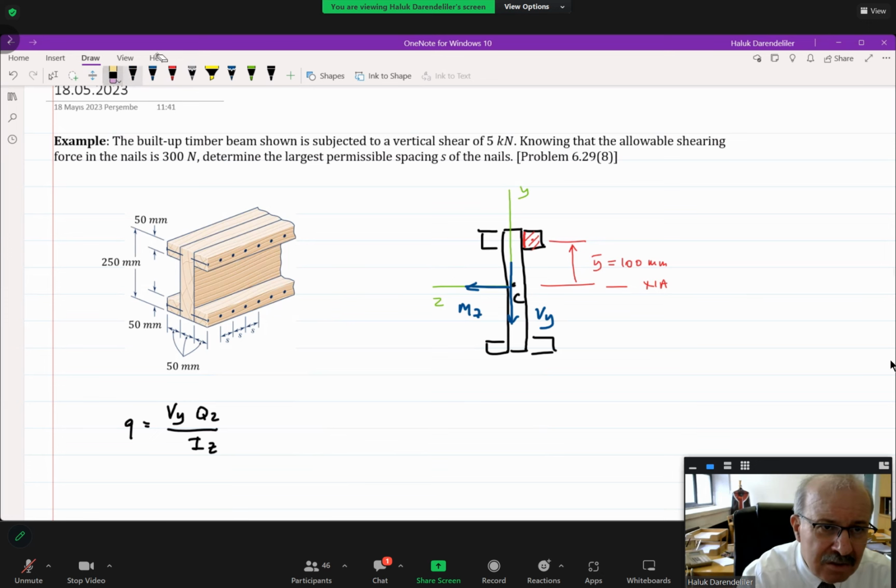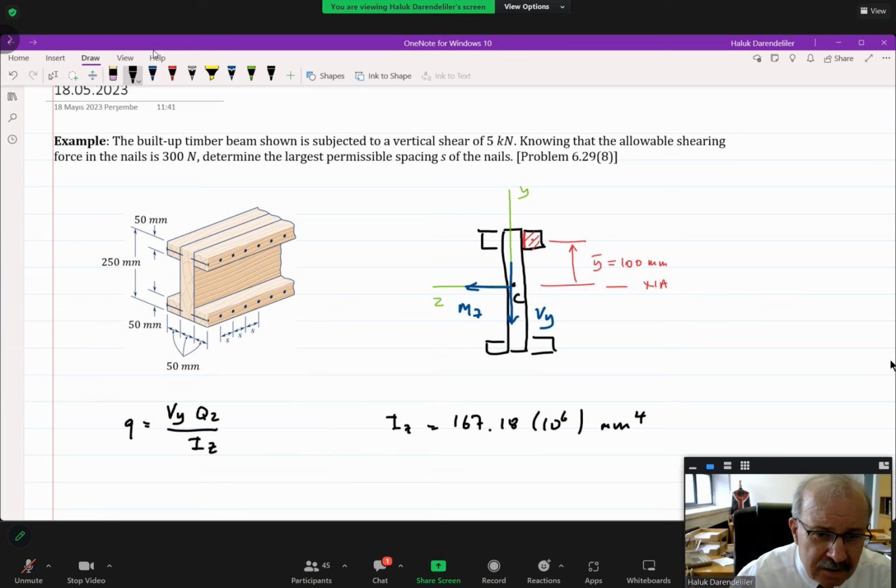I'm indicating the direction to make the problem clearer. Now, Iz can be calculated easily for the whole cross section, and that's equal to 167.18 times 10 to the power 6. Please calculate this by considering those areas.